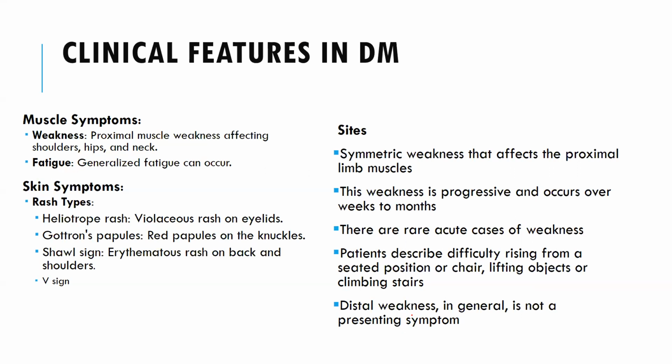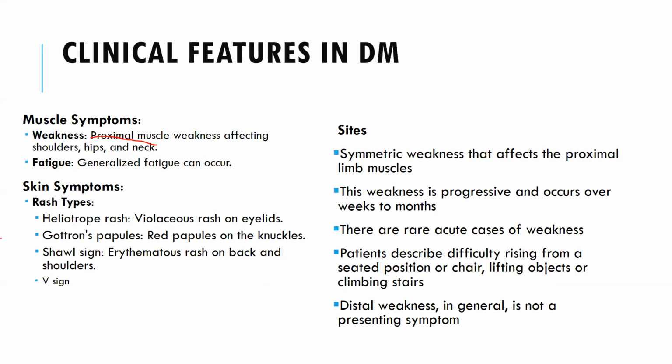If the muscle is affected, someone will have muscle weakness, which usually affects the proximal muscles, that is the arm and thigh muscles, together with the shoulder, hips, and also the neck. However, muscles in the distal parts of the body, that is the forearm and the legs, are usually spared. They also usually get generalized fatigue because, if your muscles are not working well, you get tired easily.